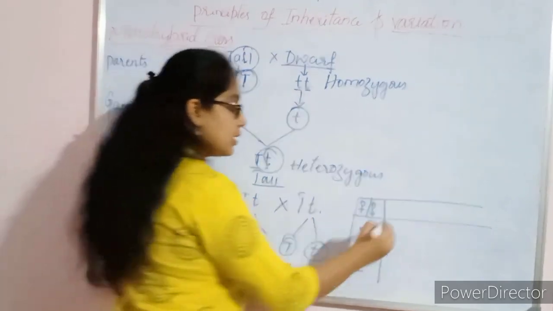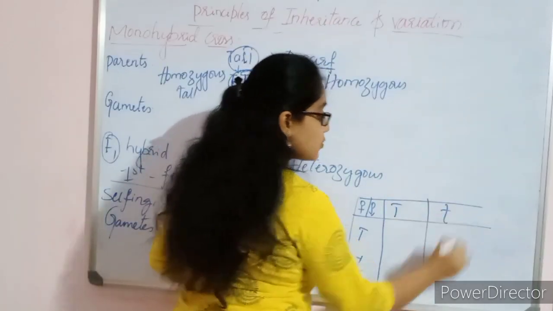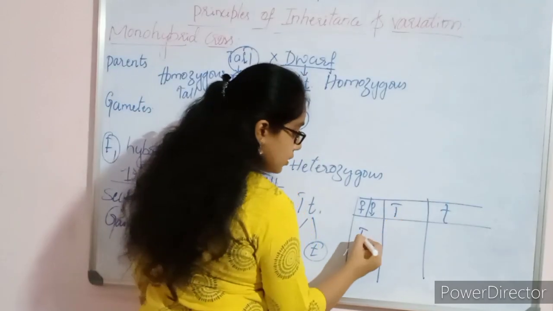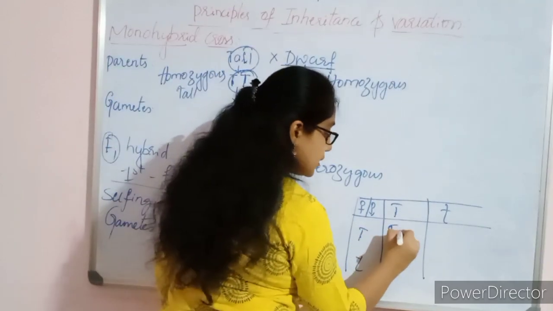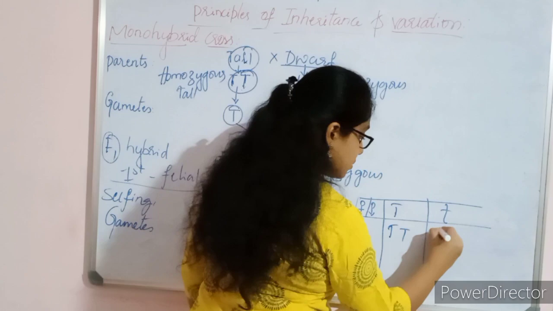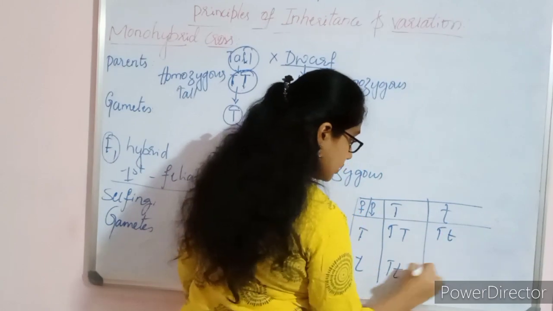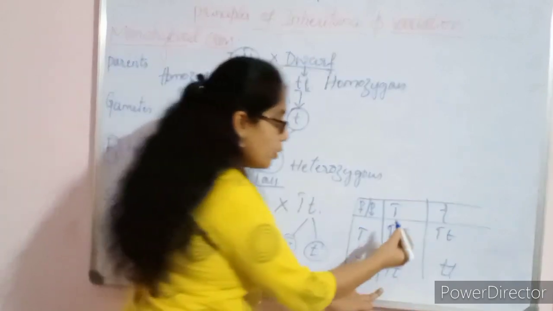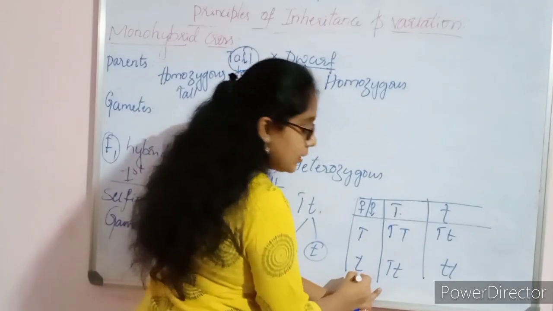Clear? So from capital T you are going to get capital T, small t, capital T, small t, small t, small t.